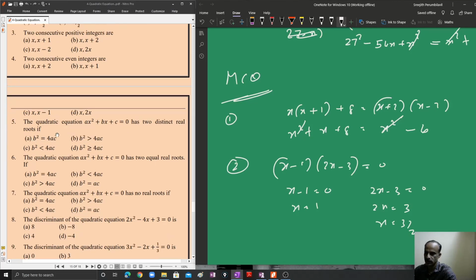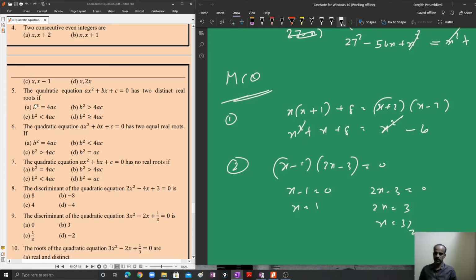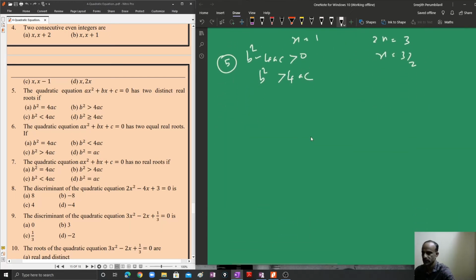Question number 5. The quadratic equation ax square plus bx plus c is equal to 0 has two distinct real roots. You know that condition: b square minus 4ac greater than 0. That means b square should be greater than 4ac. Question number 6.